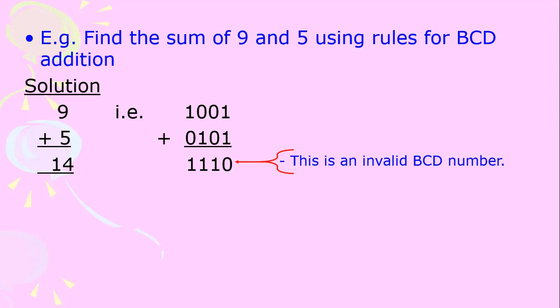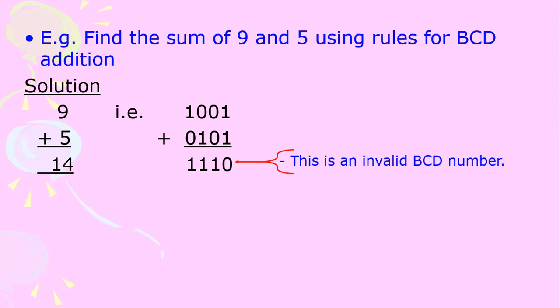Now, ordinarily, in the decimal number system, 9 plus 5 is equal to 14. But my dear students and the rest of the learners, when you add 1, 0, 0, 1 to 0, 1, 0, 1, what we end up getting is 1, 1, 1, 0.